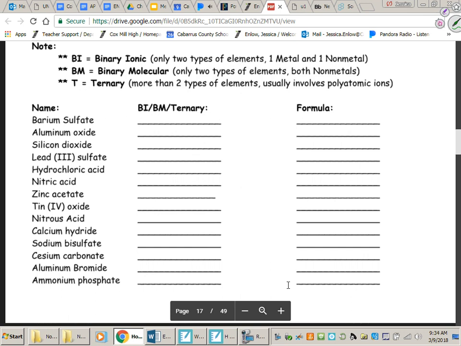So if you see a formula, or if you see a name, try to think of the formula first.